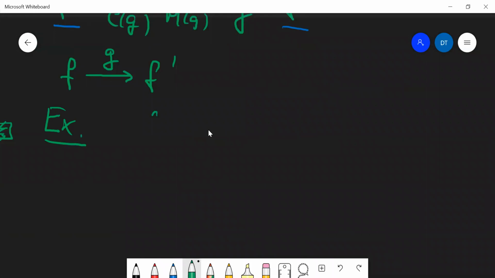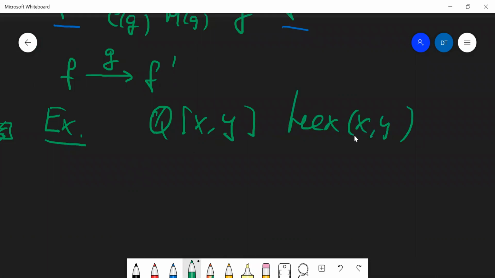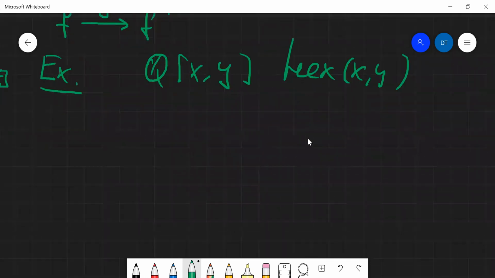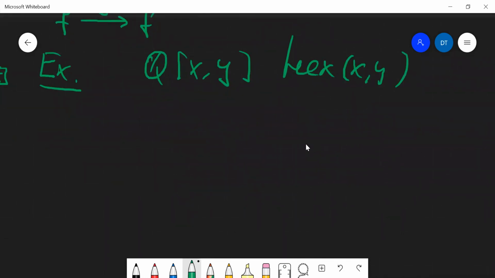So suppose we have something like this, and the order is the usual one, where x is higher than y. Let's say we have x cubed y plus x y to the 4 plus 3. This is a polynomial f, and let's say 2 here.